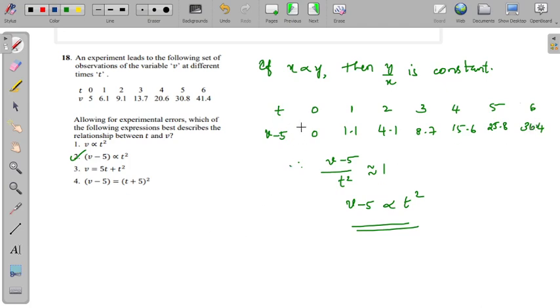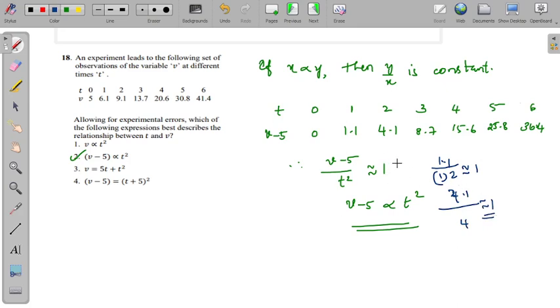Now you calculate (v minus 5) by t square. So v minus 5 divided by t square, that is 1.1 by 1 square, which is approximately equal to 1, and 4.1 divided by 2 square, which is 4, is also closely equal to 1.